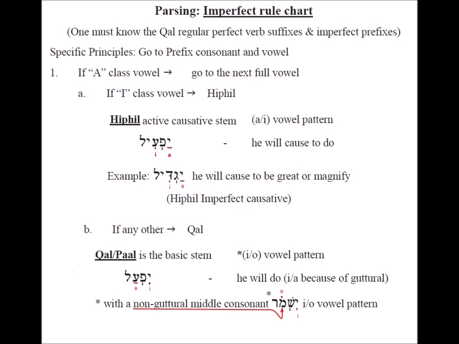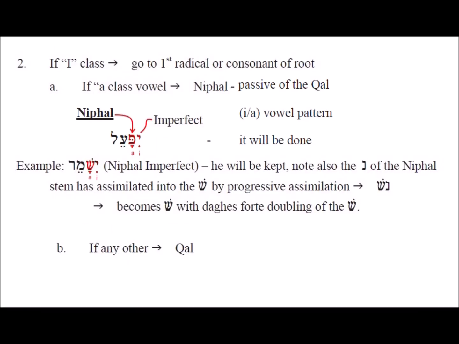If it's an I, it's a Hiphil. Anything else is Qal. Rule number 2. If it's an I vowel, go to the next radical of the root, meaning the next consonant. If it's an A vowel, it's got to be a Niphal. Anything else is Qal. Yishamer would be an example.